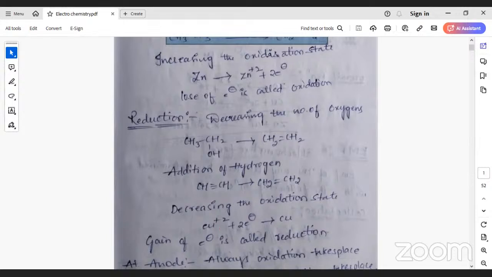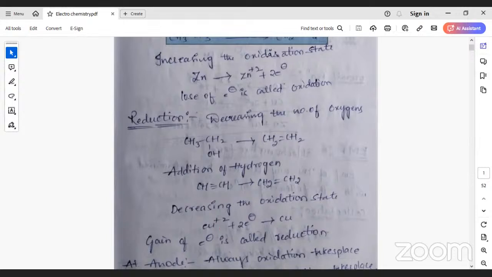So the double vertical line always indicates a salt bridge, and the right side of the salt bridge is always the cathode. At the cathode, which reaction takes place?